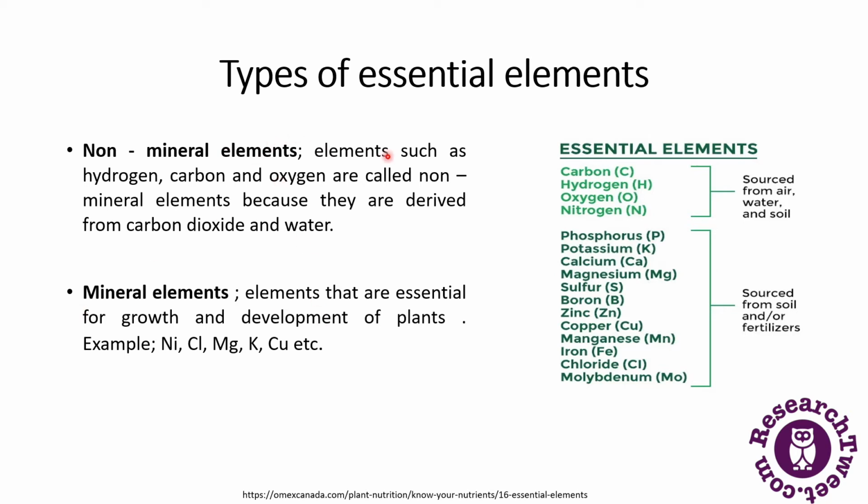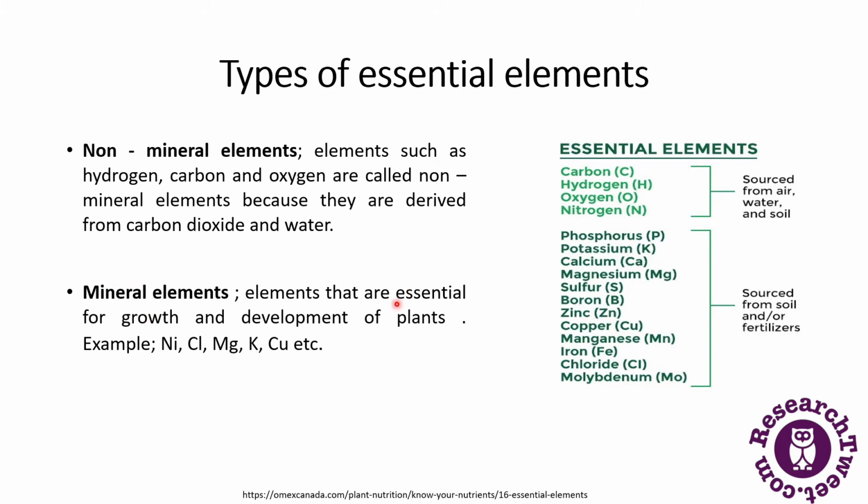So what are non-mineral elements? These are elements that are derived from carbon dioxide and water, and examples are hydrogen, carbon and oxygen. So these are all the non-mineral elements.